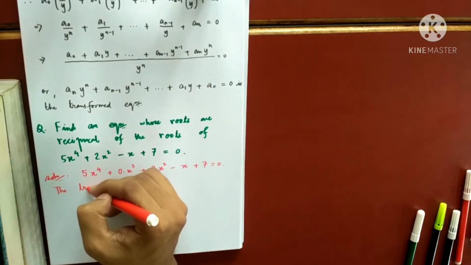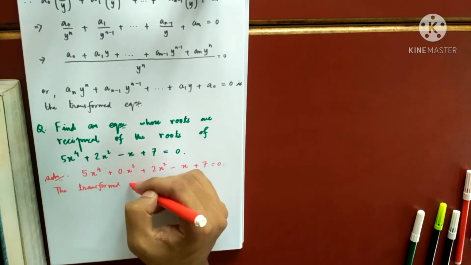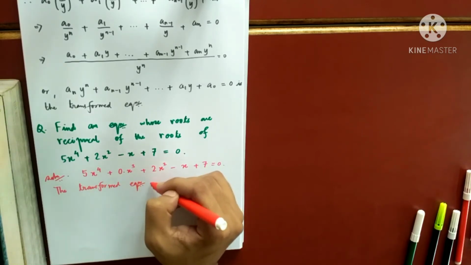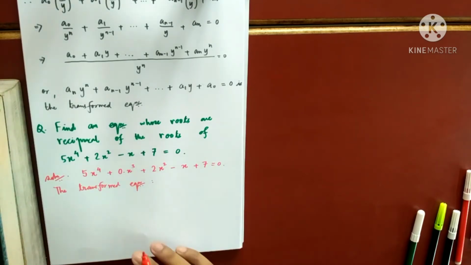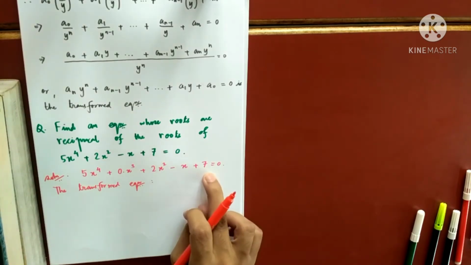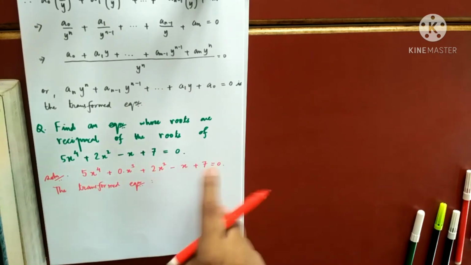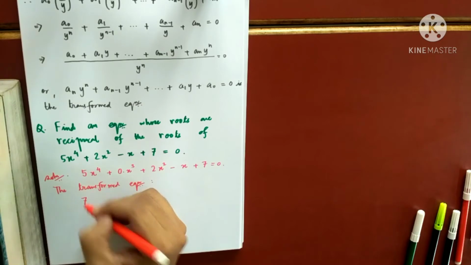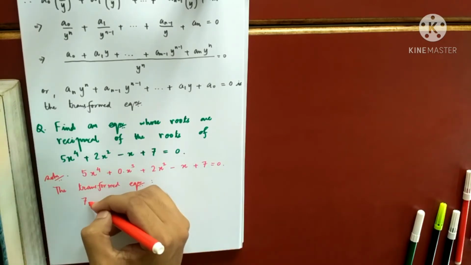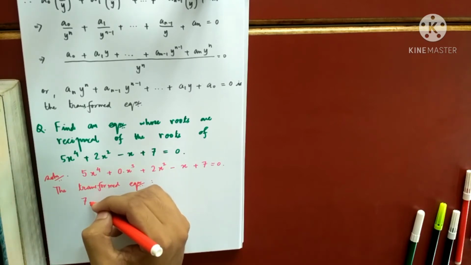The transformed equation, whose roots are reciprocal of the roots of this equation, will be what? Just write down the coefficients in the reverse manner. That means 7, you write down 7. You either write y to the power 4 or x to the power 4. Both will be taken same, any variable.